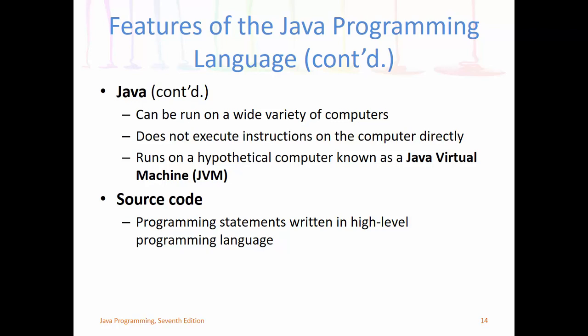Now the reason it is architecturally neutral, as you see in that third dash there on the first bullet, is that Java, unlike some other programming languages, runs on top of what we call the Java virtual machine. So in other words, it does not run directly on the operating system.